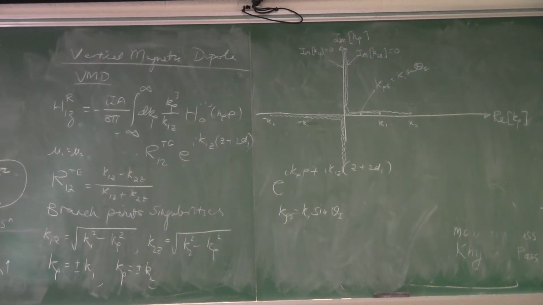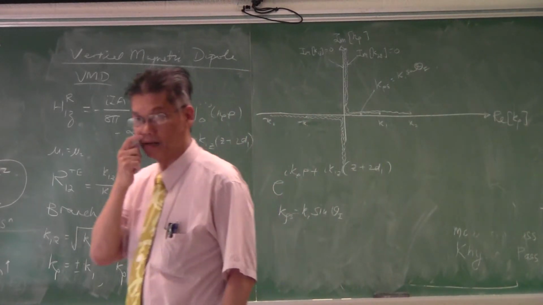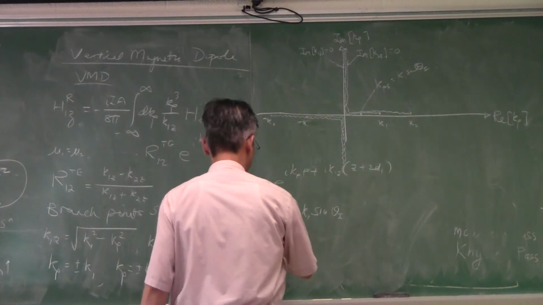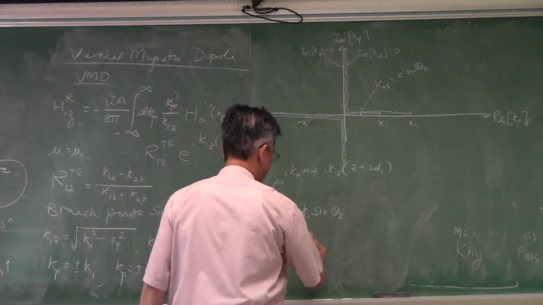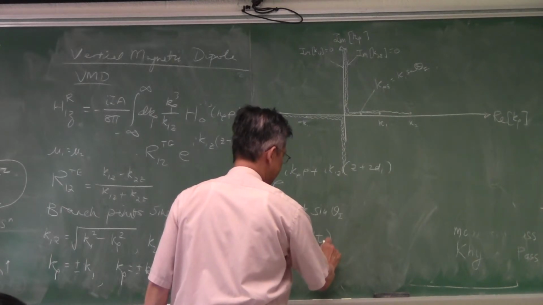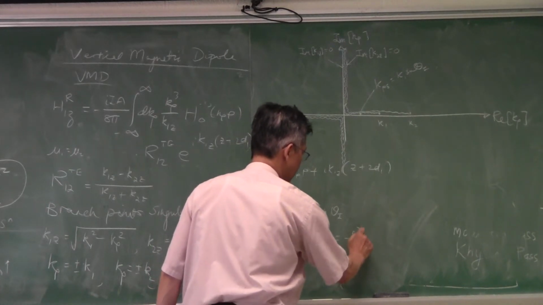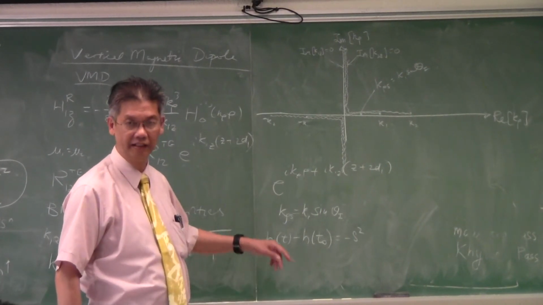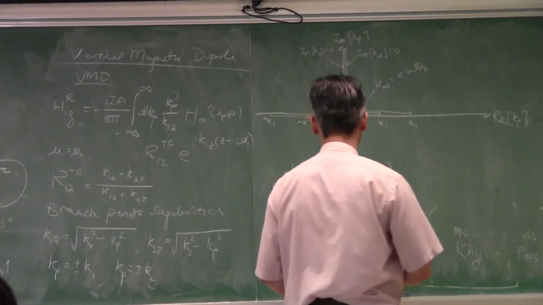And then the next thing we need to do is to find the constant phase path that passes through the saddle point. And you go through that by solving this equation. Remember, I said if you solve this equation, you do this mapping. You find the constant phase path.